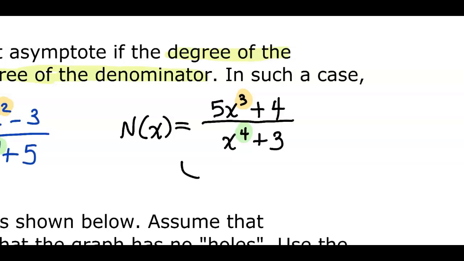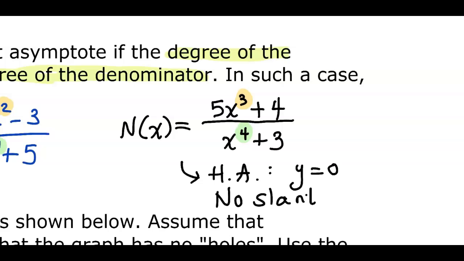In fact, this will have a horizontal asymptote of y equals 0, but no slant asymptote. For any graph that has a horizontal asymptote, there's no oblique or slant asymptote. So if it has a horizontal asymptote, it's not going to have a slant asymptote.